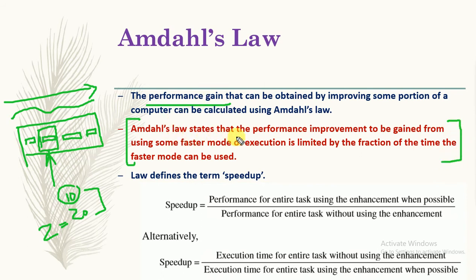Amdahl's law states that the performance improvement to be gained from using some faster mode of execution, that means by enhancing this area, is limited by the fraction of the time the faster mode can be used.